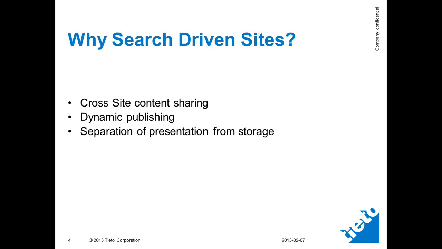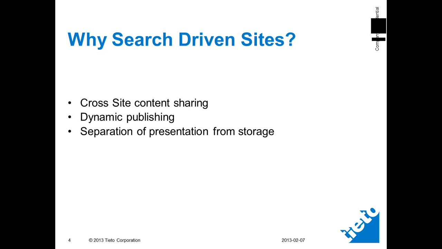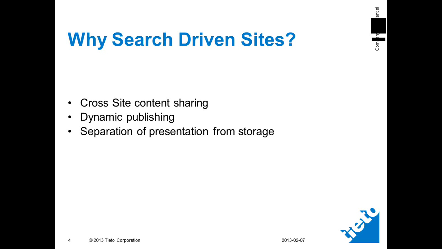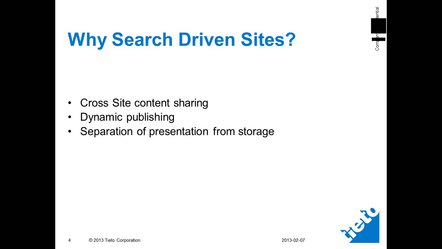Dynamic publishing, again, is if you subscribe to certain content elements on certain sites, and then you want that content to be shown at the target sites. The example could be anything.